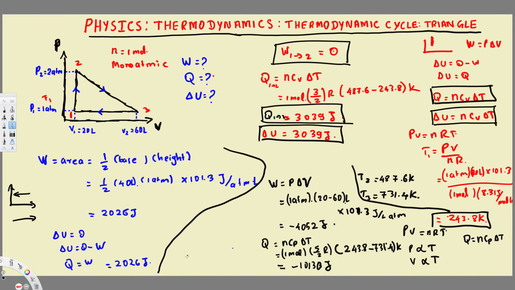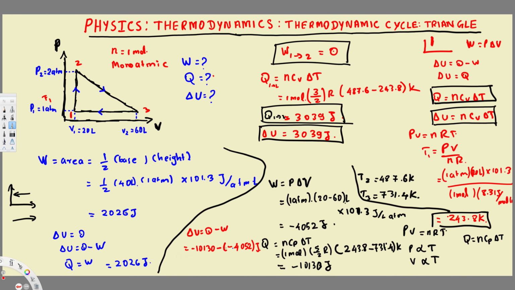To find the delta U, you can use NCV delta T, or you can just use the first law of thermodynamics. That's easier. So the first law of thermodynamics: delta U is equal to Q minus W. We know that Q is negative 10,130 minus, work is also negative, minus 4,052 joule.